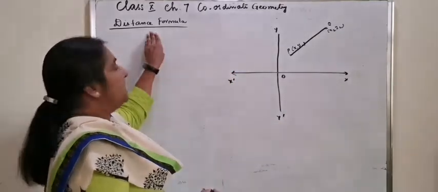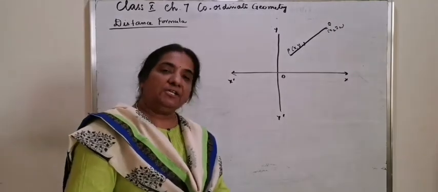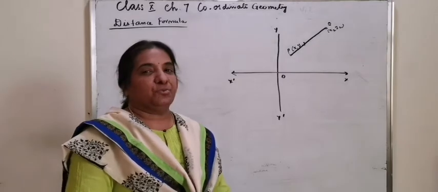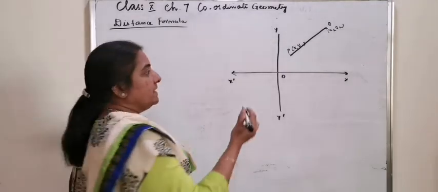So, the distance formula deals with the distance between any two points P(x1, y1) and Q(x2, y2) in the coordinate system. What is the formula?